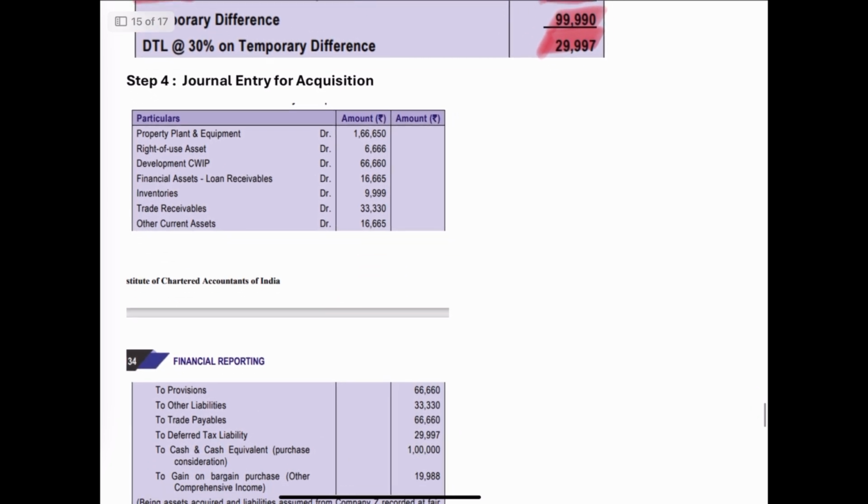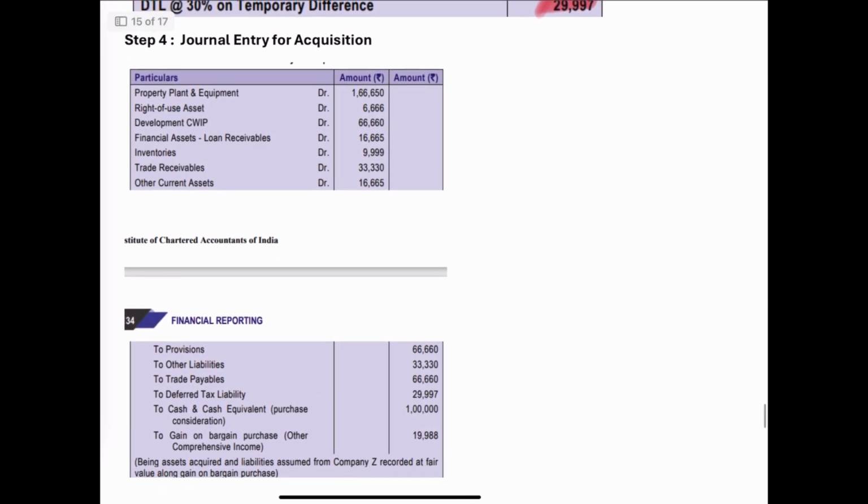Then finally we'll have to make some journal entries on how to do the merger. So these are the values of company Z being taken over by company X. So we'll have to debit the fair value of PPE, and then all the proportionate assets being taken over we have to debit, and then all the liabilities taken over we have to credit.